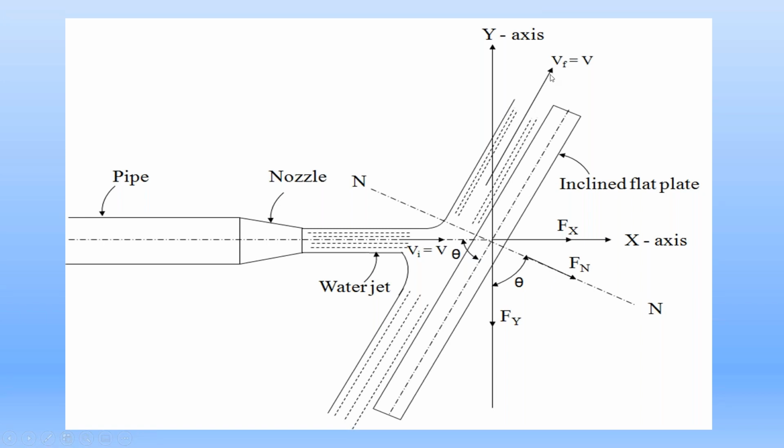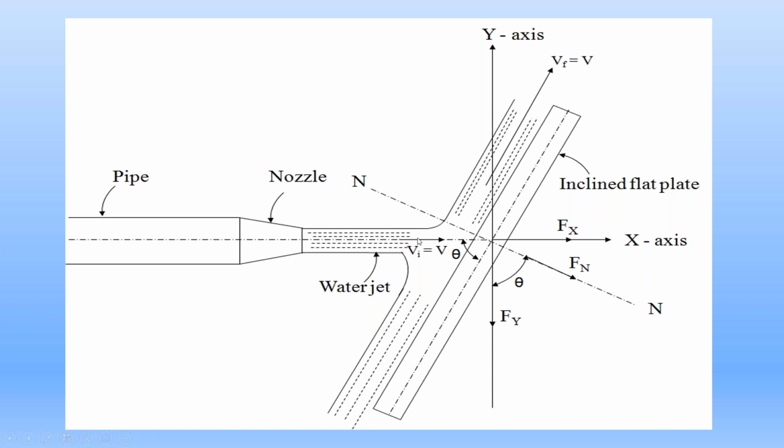Coming to the final velocity, it is along the surface of the metal plate. This is the direction of final velocity. With this normal, the final velocity is making the angle of 90 degrees, because this normal is perpendicular to the inclined metal plate. So the final velocity Vf in this normal direction is Vf cos 90 degrees, that is 0.